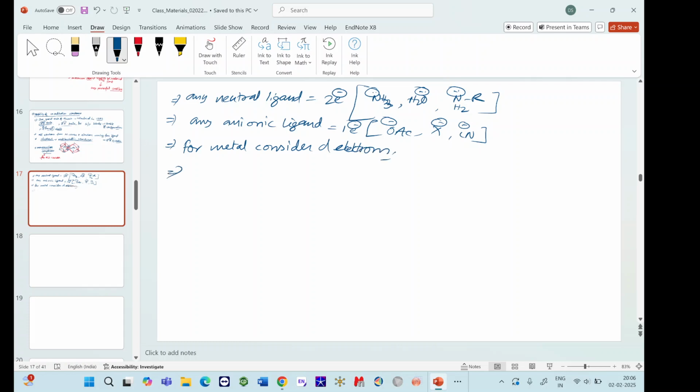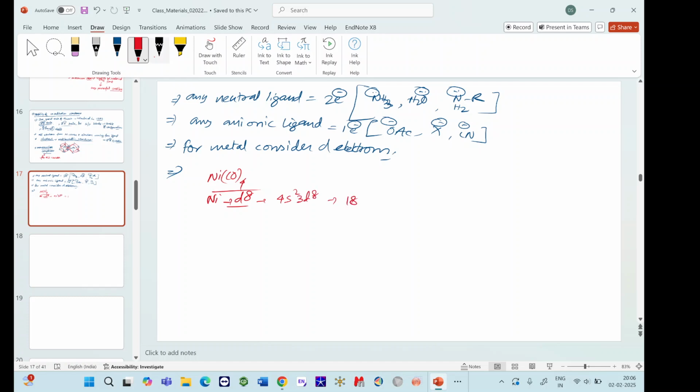So let us solve for one case, say nickel carbonyl. Nickel is a D8 system. So this is 4s2 3d8.